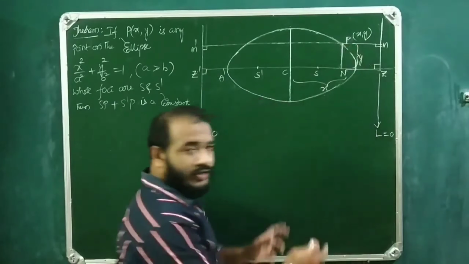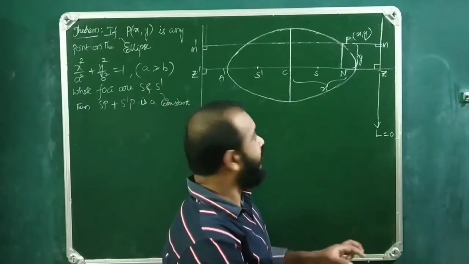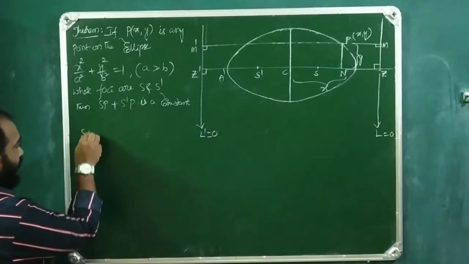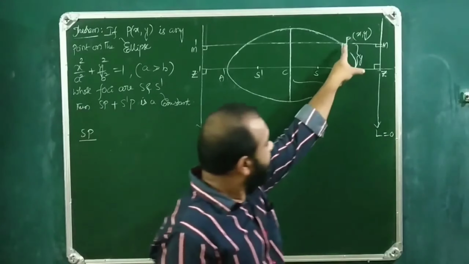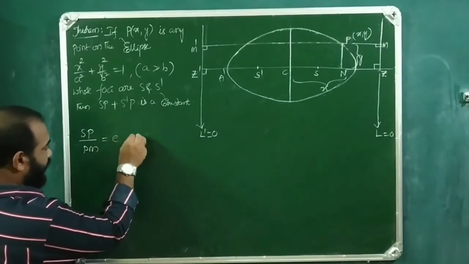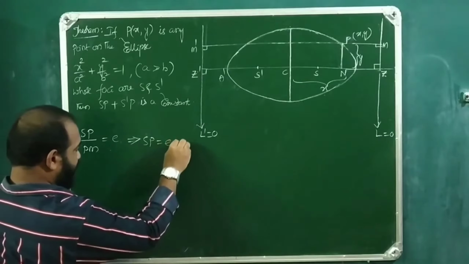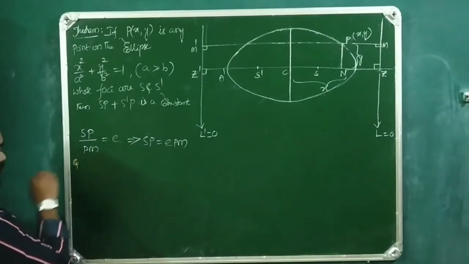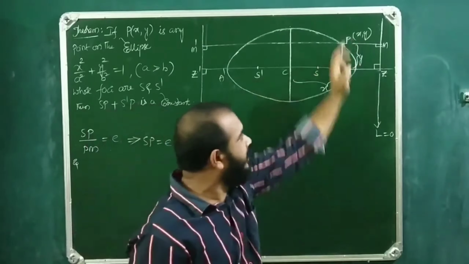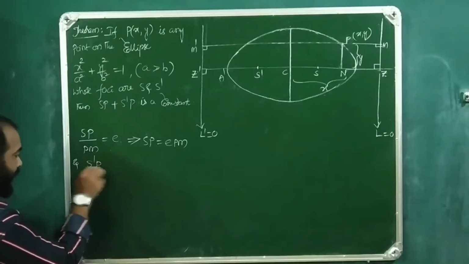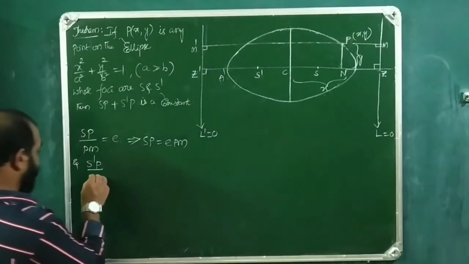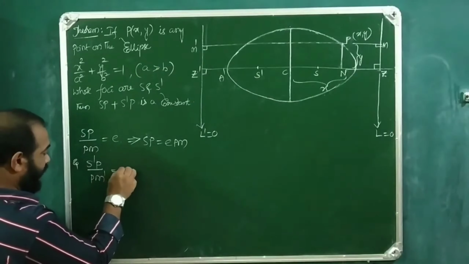Since P is a point on the conic, we can apply the definition of a conic. Its distance from a fixed point, SP, by its distance from a fixed line, PM, is equal to e. From this, SP is equal to e PM. And also its distance from the focus S dash, S dash P, by its distance from the directrix PM dash is equal to e.